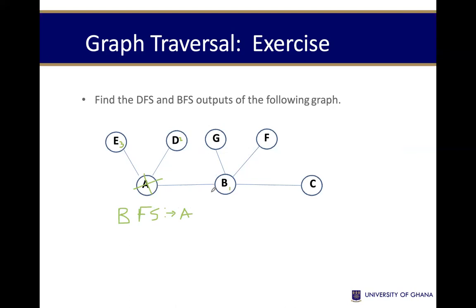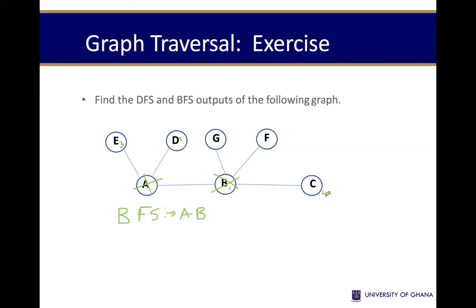So I'm going to go to B and I'm going to output B. And then outputting B, I need to pick the adjacent nodes of B at the back of the queue. In this case, I'm actually going to deal with C, C to be number 4.